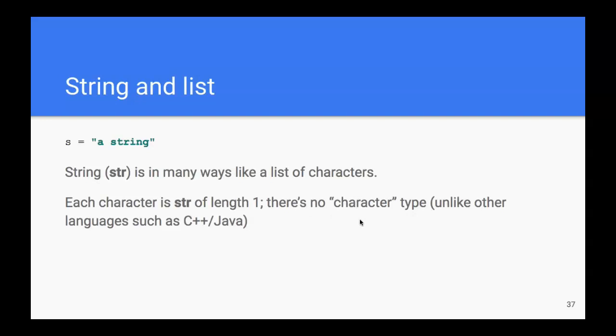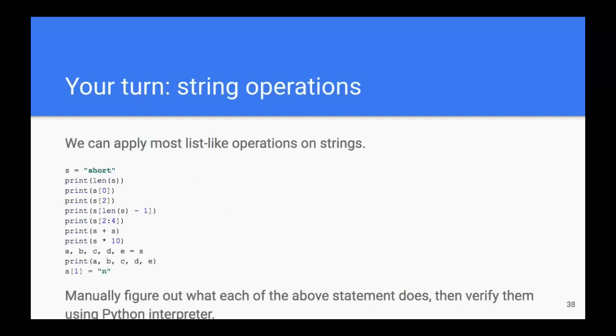It's char in both C++ and Java. But if you extract a single character from a string in Python, the type of that character is still a string. There's no character type in Python. All right, so given what we just said, that a string is just kind of like a list, you would expect that we should be able to apply most of the list operations on strings.